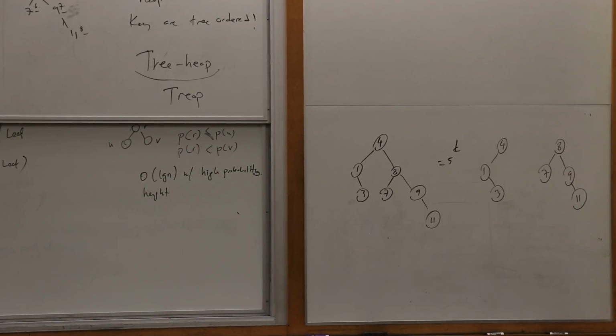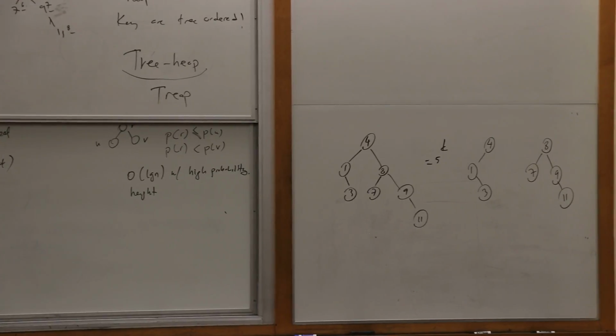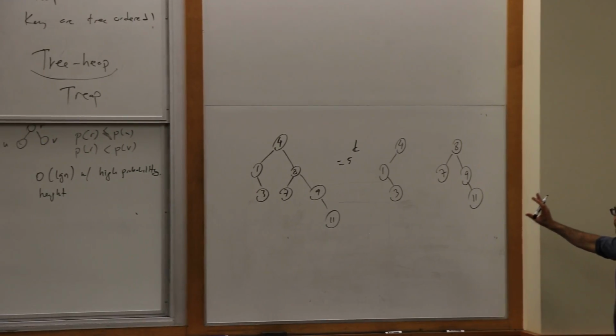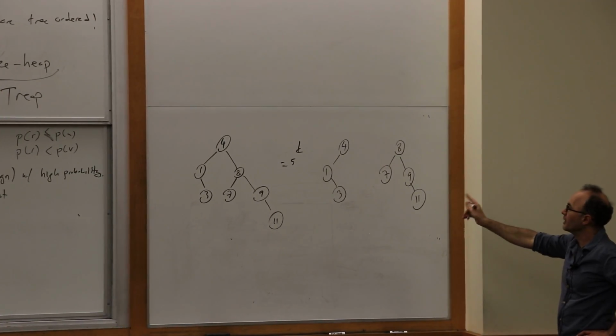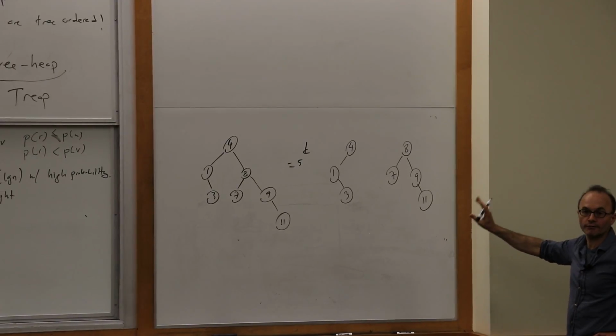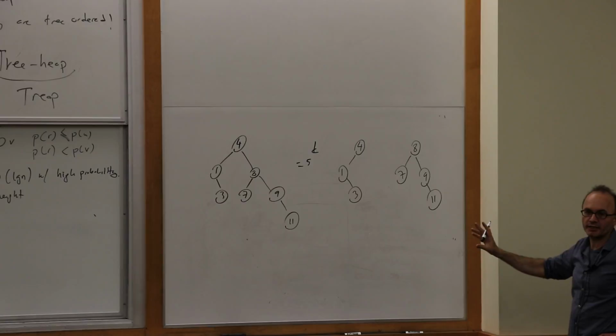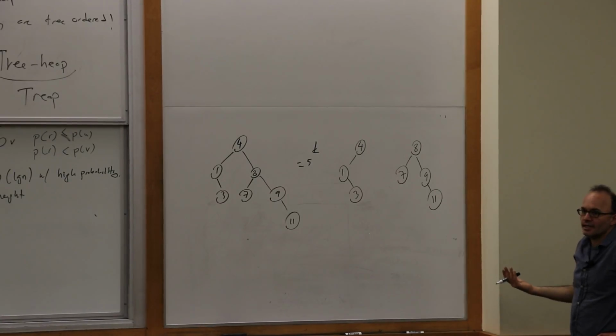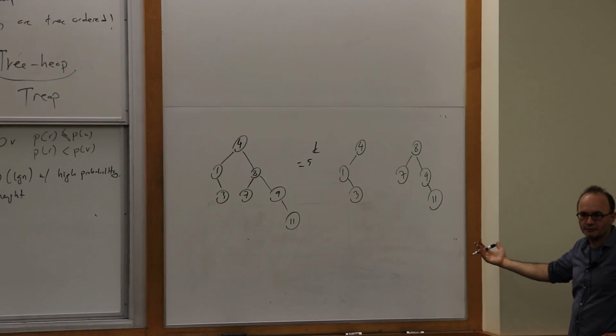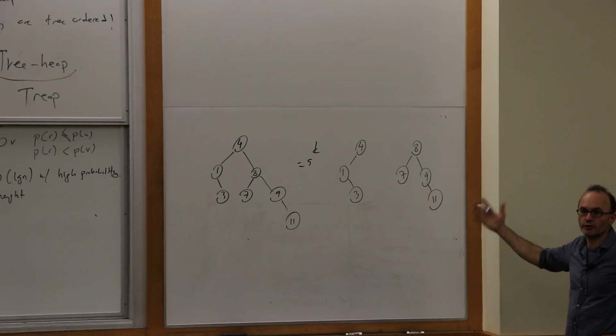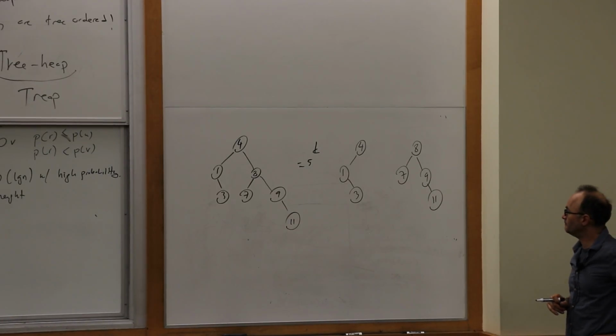So those trees are the results. Split at 5. Note that we preserved the relative order of all the keys. That is, we did not shuffle them unnecessarily.